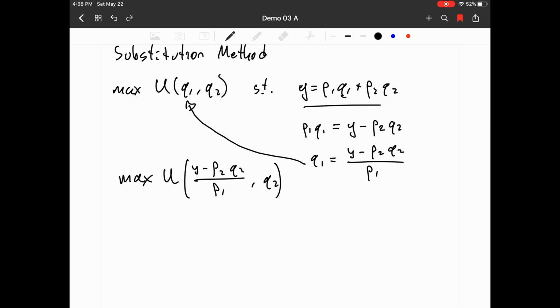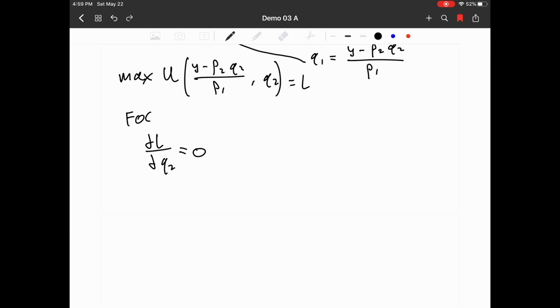So now all we have to do is take a first order condition with respect to q2. So we have the derivative of, and we can write this as maybe a non-script L, the derivative of L with respect to q2, and we're going to set that equal to 0.